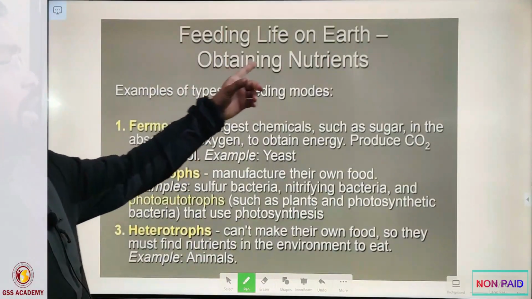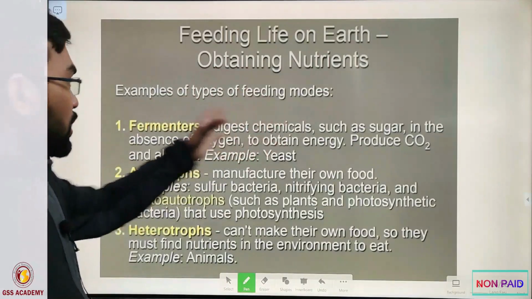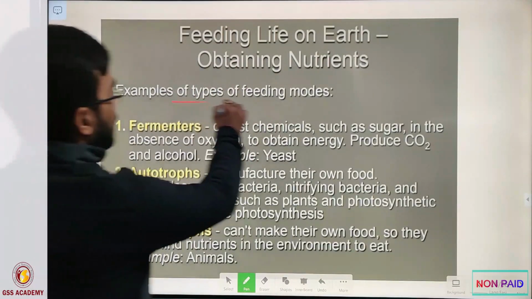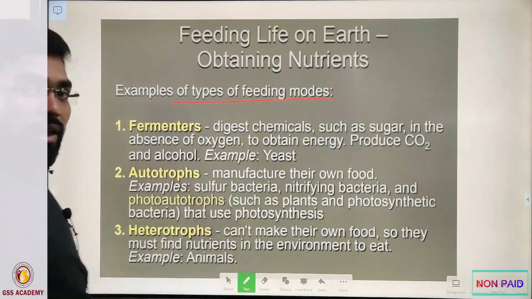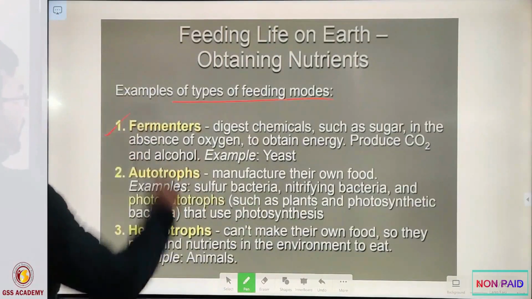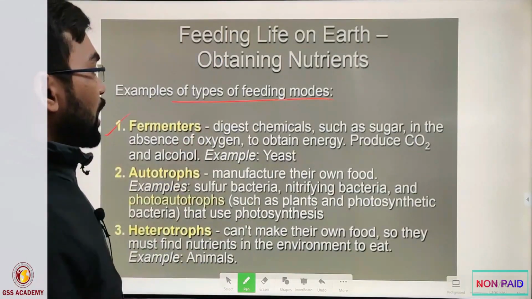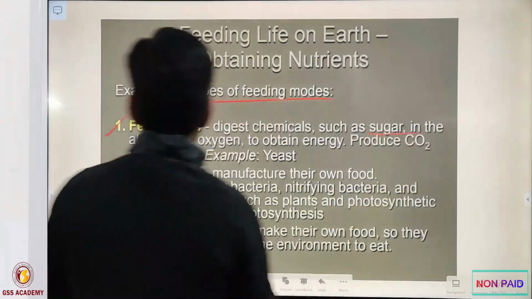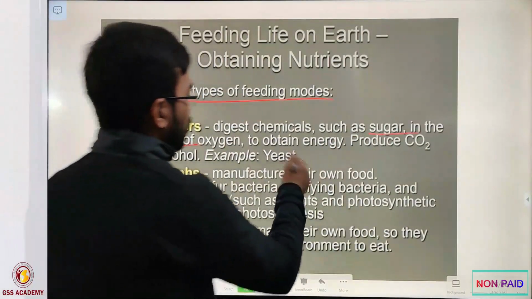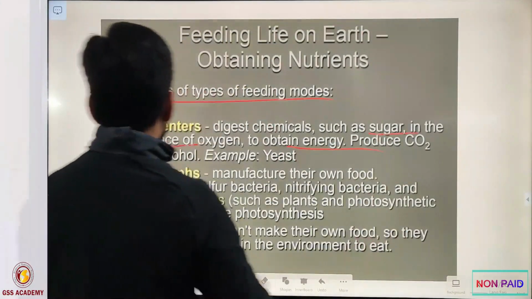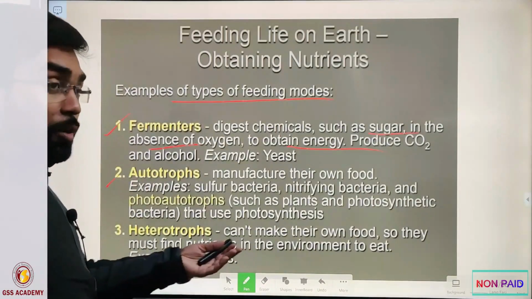Feeding of life on earth, obtaining nutrients, is evident. Examples of types of feeding modes: the first one is fermenters, which digest chemicals such as sugar in the absence of oxygen to obtain energy, producing CO2. The next one is autotrophs.